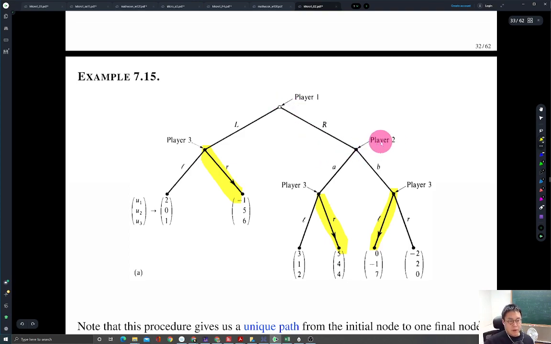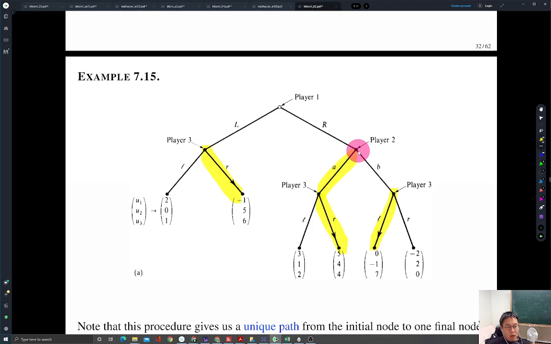Now we compare player 2's payoff from A and B. If player 2 chooses action A, player 2 anticipates that player 3 chooses R at this node. Okay? So the payoff from A to player 2 is going to be 4. Okay? But the payoff from B is just -1. So playing action A is the best response for player 2 at this node.